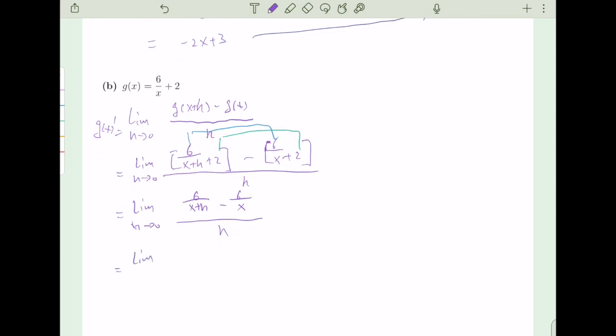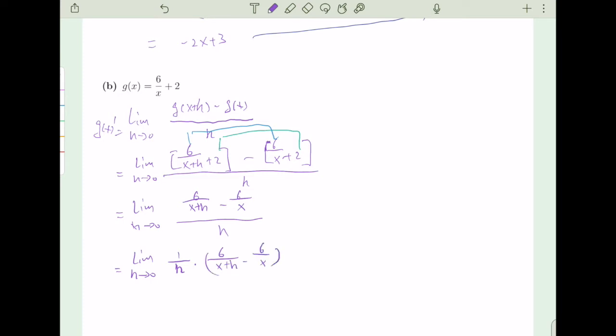And now we change this expression. Divided by h is the same as multiplying with 1 over h. Now this becomes 6 over x plus h minus 6 over x.